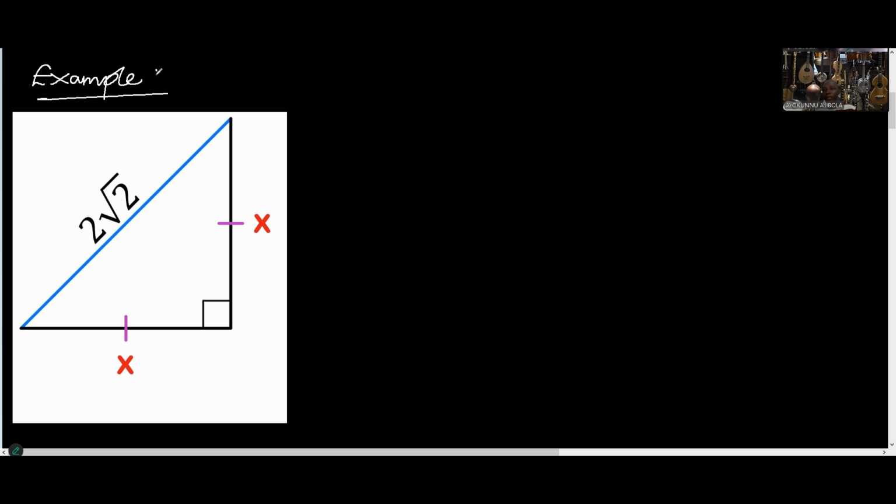That's another example. Now we don't have the base and the height, so the area is half of the base times the height. The base is x, the height is also x, meaning they are equal.